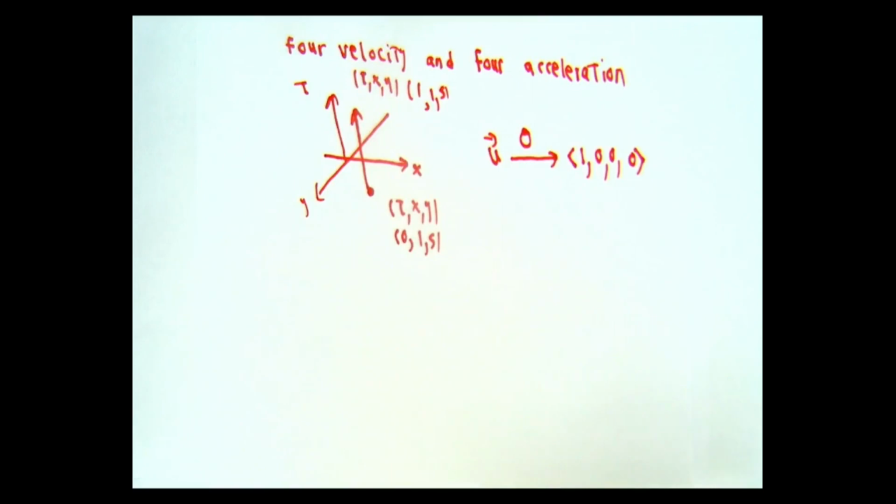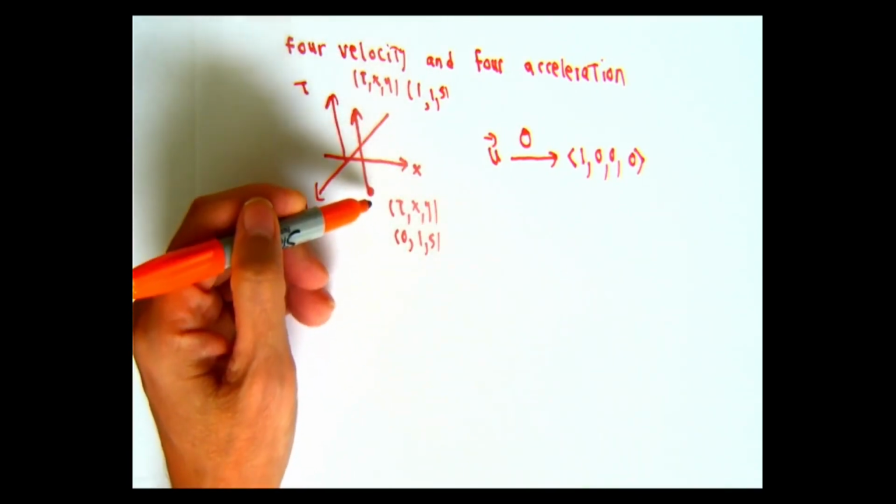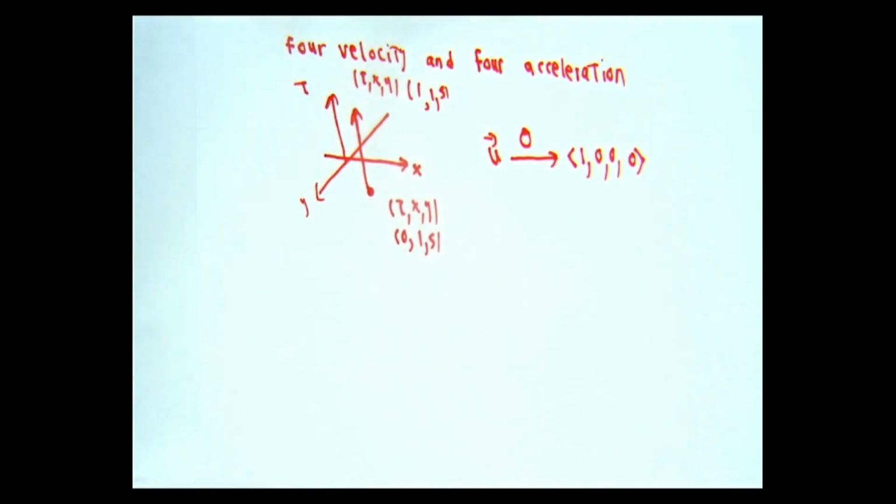If I have an individual object which is at rest with respect to this reference frame, let's say that its x coordinate is always 1 and its y coordinate is always 5. When I look at the space-time diagram, the world line of the object is a straight line parallel to the time axis.